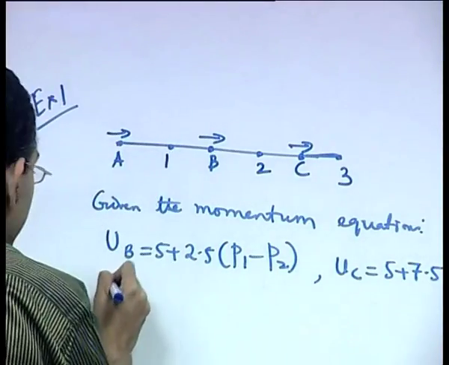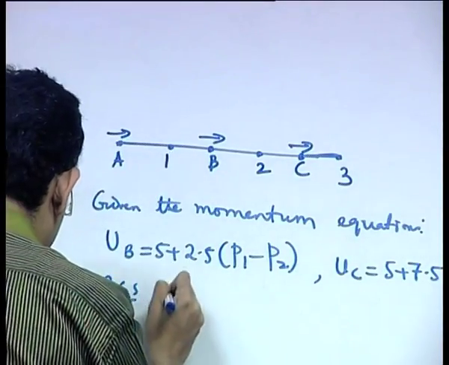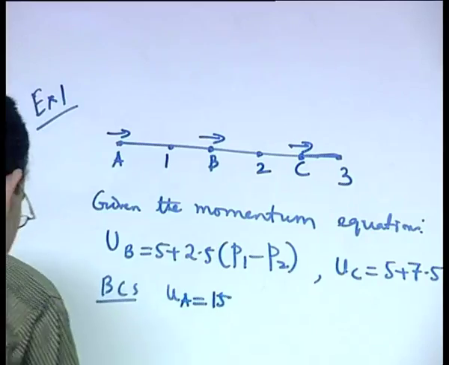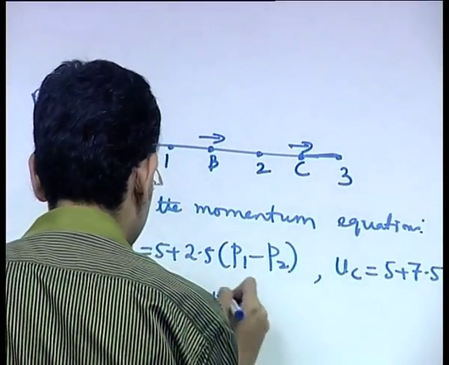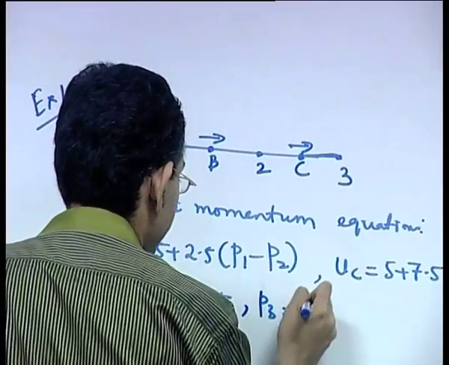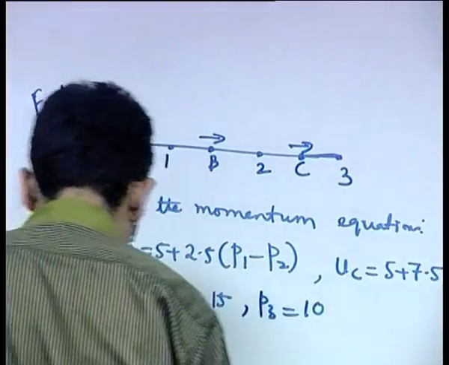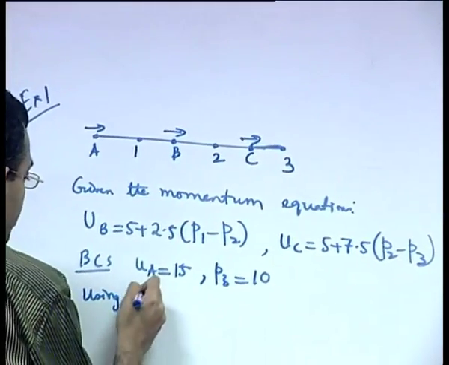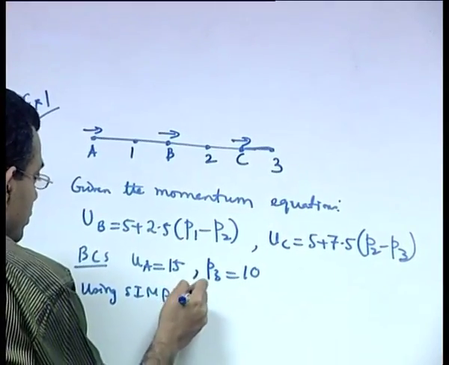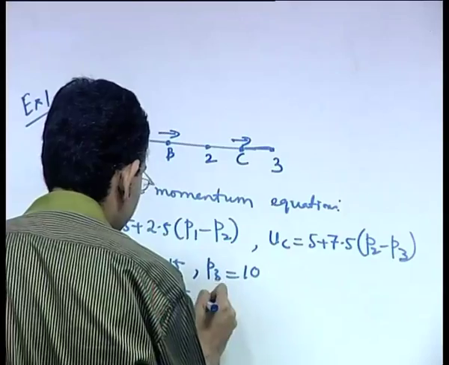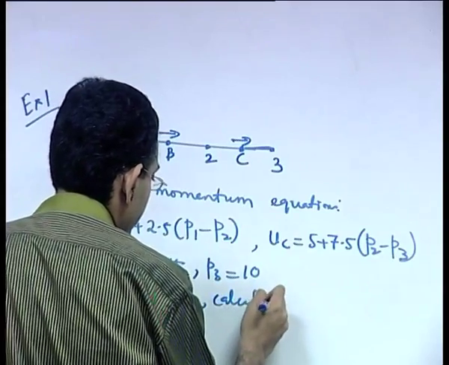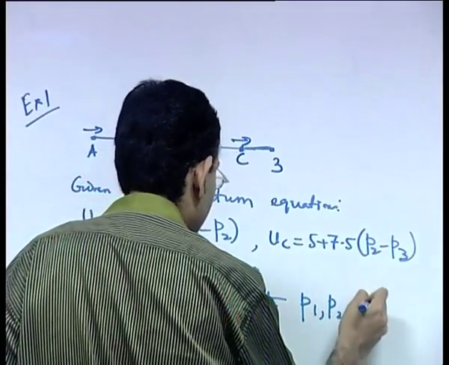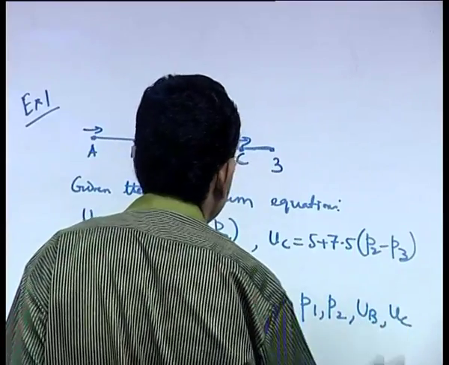The boundary conditions are UA equal to 15, P3 equal to 10. Using the SIMPLE calculation procedure, calculate P1, P2, UB, UC.